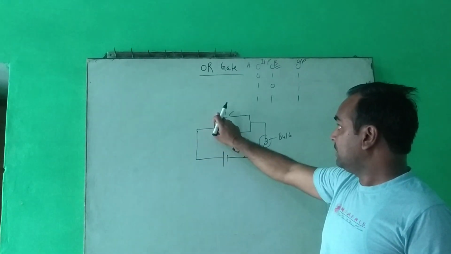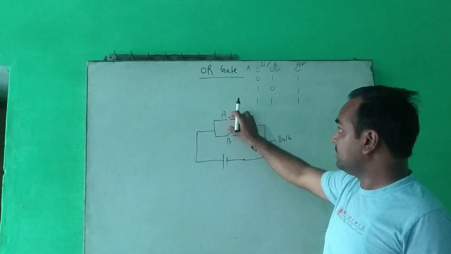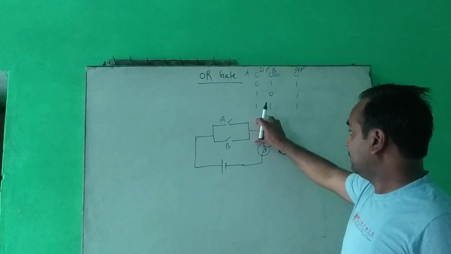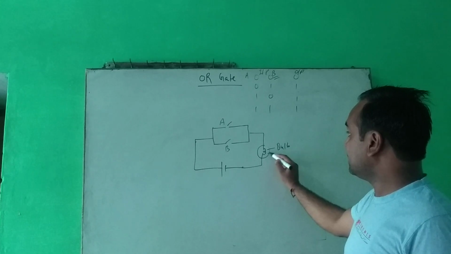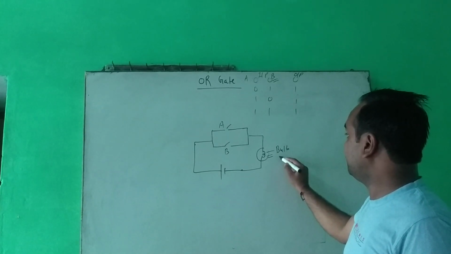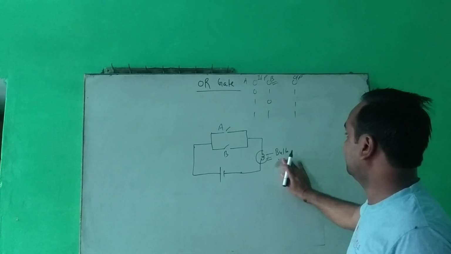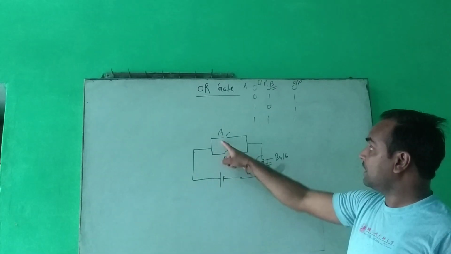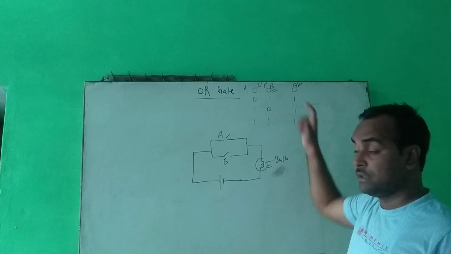Power goes till here, but both the keys are off. Then the flow of power will be off here, and in this case the bulb will not be on, because both the keys are off, that is 0.